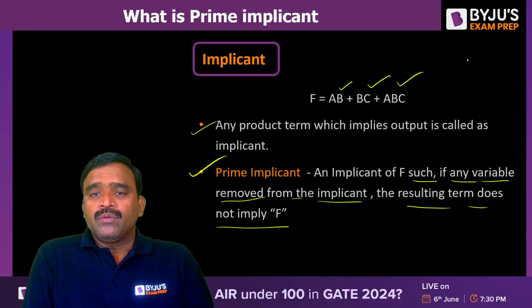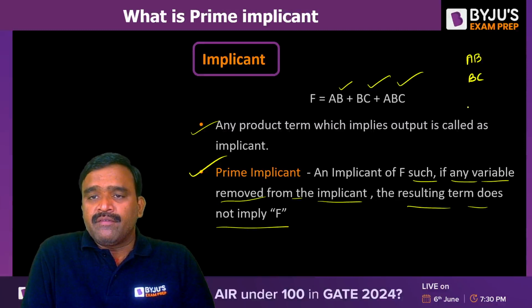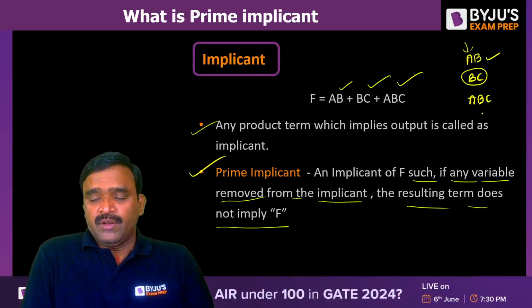For example, you have AB, BC, and ABC. In the term AB, if I remove A, only B remains. In the term BC, if you remove either B or C, only the other variable remains. But in ABC, if I remove A, BC is still there. BC still implies the function, because it is either AB or BC or ABC.